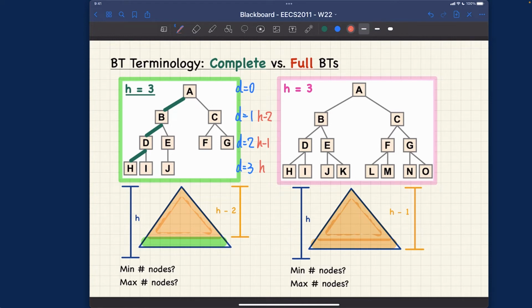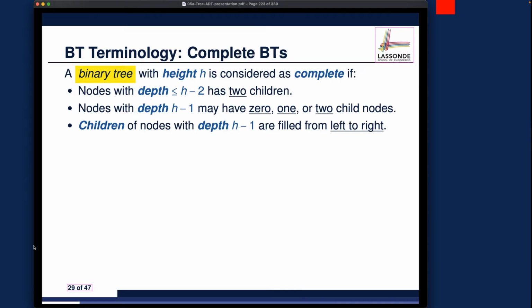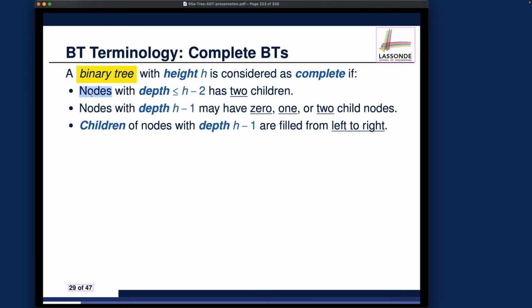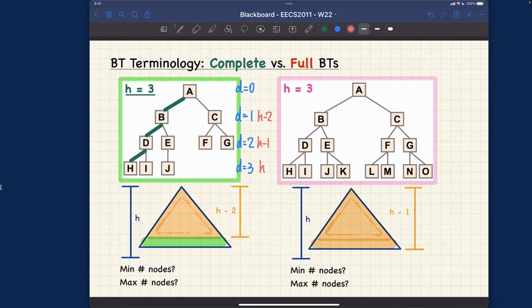Agree? And if you recall, criteria number 1, all the nodes with depth up to and including h-2 have 2 children. So what does it really mean in our example tree? That means all the nodes from level 0 all the way down to level h-2. In our case, it would be this particular part of the tree.